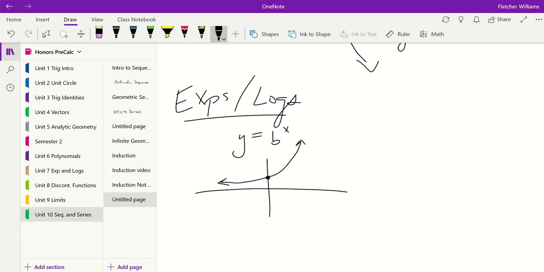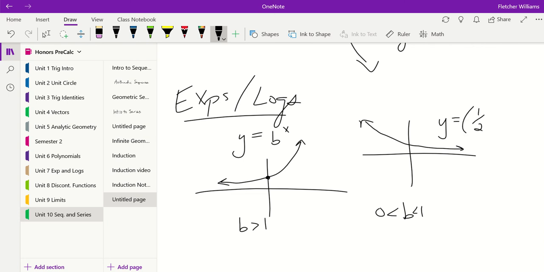Now that's assuming that b is greater than 1. We actually don't deal with negative bases raised to an exponent. Oh, that's right, it's like 1/2. Yeah. If b is between 0 and 1, then it would look like a decay. So this would be something like y equals 1/2 to the x.